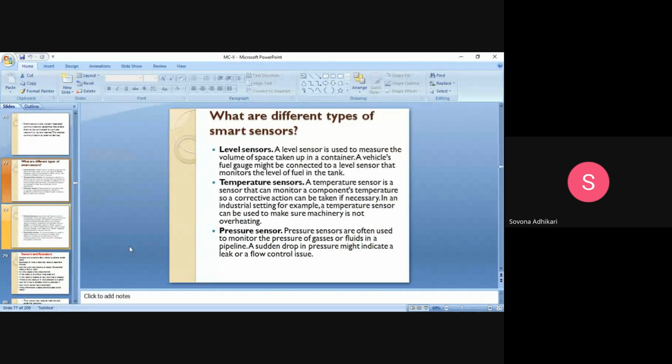A pressure drop means there must be a leak, so the necessary steps will be taken to repair that leak. So this is the pressure sensor, which senses the pressure, like a temperature sensor senses the temperature.